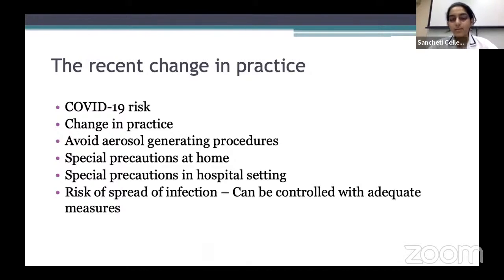Then, when it comes to a hospital setting, of course, you have a lot more precautions to be taken. Strict sanitary measures, no doubt about that. Use of personal protective equipment or PPE. These days, certain hospitals are equipped with something called a negative pressure room, which means that there is a source, generally over the ceiling, with continuous negative pressure suction happening, because of which the air inside the room doesn't remain stagnant.